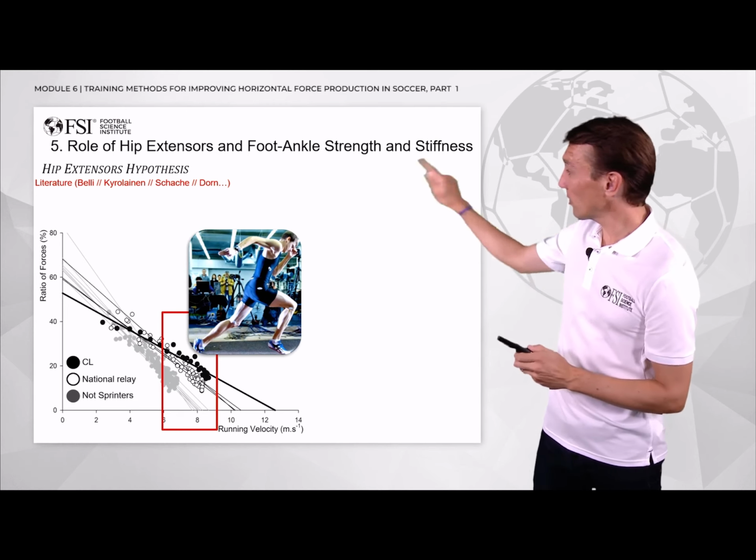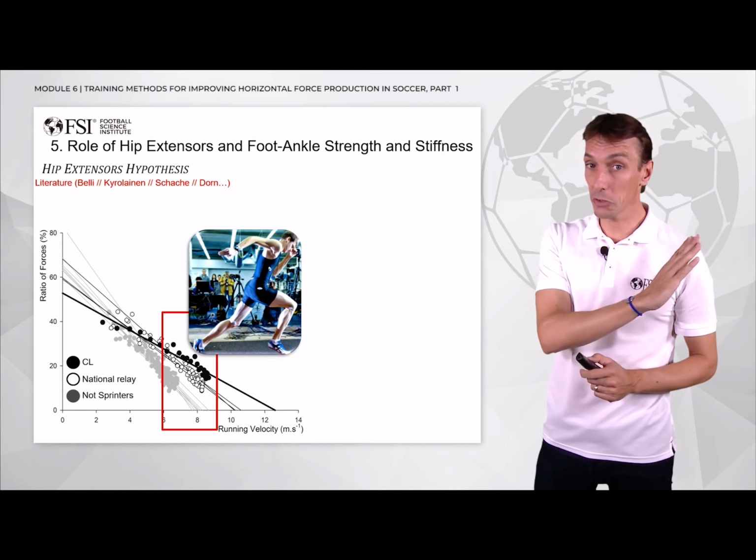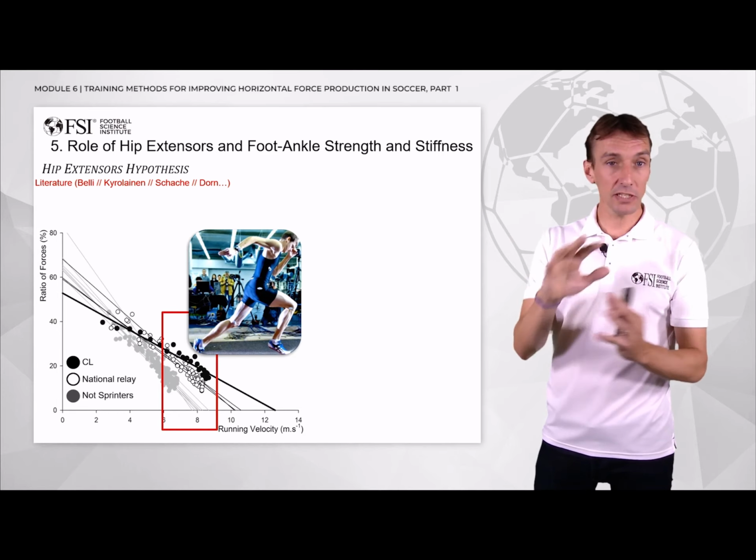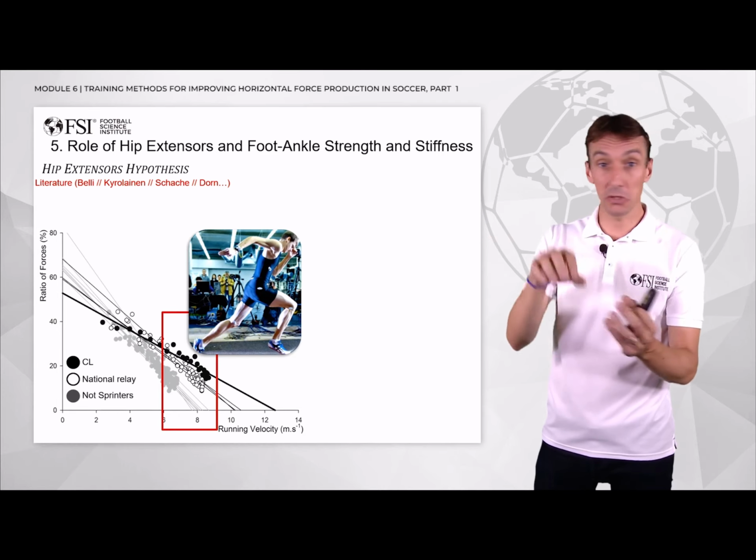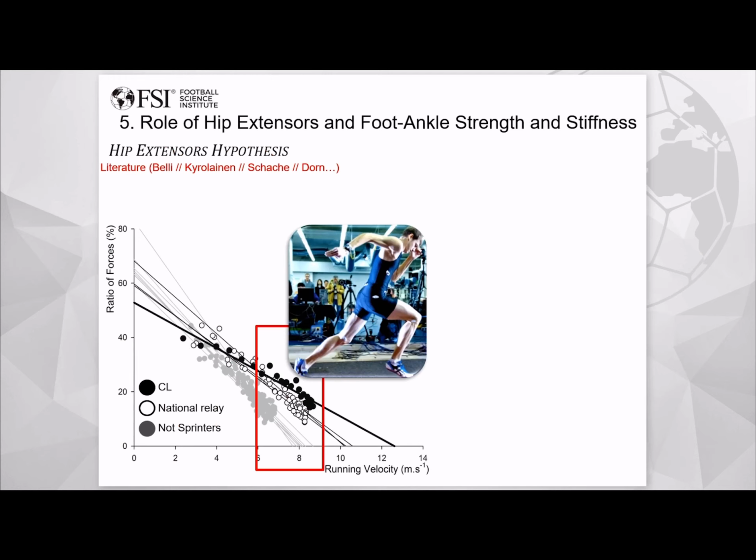If you take a look at the left part of the graph, at low velocity, the effectiveness, the ratio of force of Lemaitre is about the same as the other guys. But when the velocity is high, there is a big difference between Lemaitre, the non-sprinters, and the good sprinters. What does that mean? It means that the big difference in the horizontal force happens at high velocity.